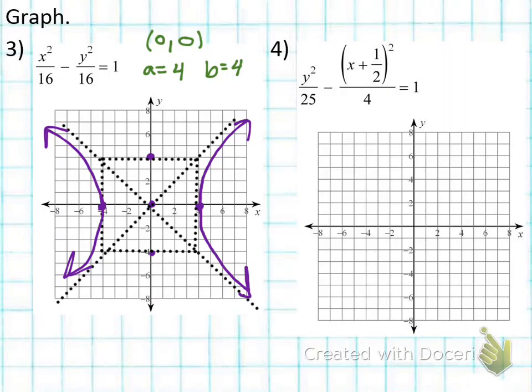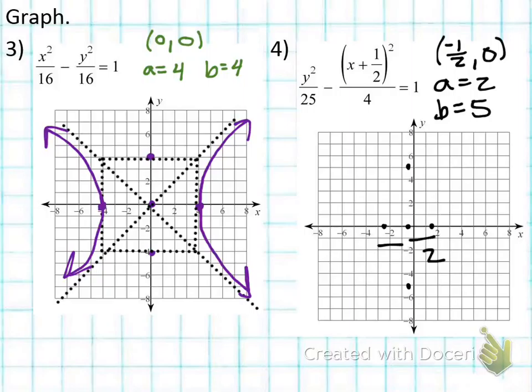Okay, and then number 4 in class, we had students come up to the board to do each piece of this. So they got that the center was -1/2, 0. A is 2 and B is 5. So this is plotting the center, plotting 2 units in either direction, left and right, and then 5 units going up and down from the center, and then this is the box that we would create and the diagonals through it.